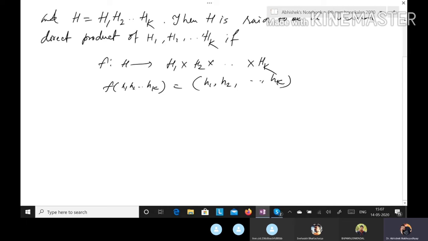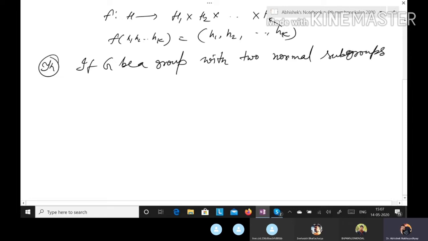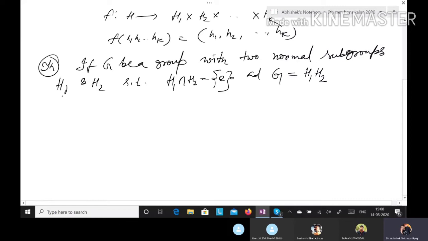Now, from that definition, one can prove that if G is a group with two normal subgroups, suppose we are considering two normal subgroups H1 and H2 of the group G, such that H1 intersection H2 contains exactly the identity of the group, and G is the internal product of H1 and H2.